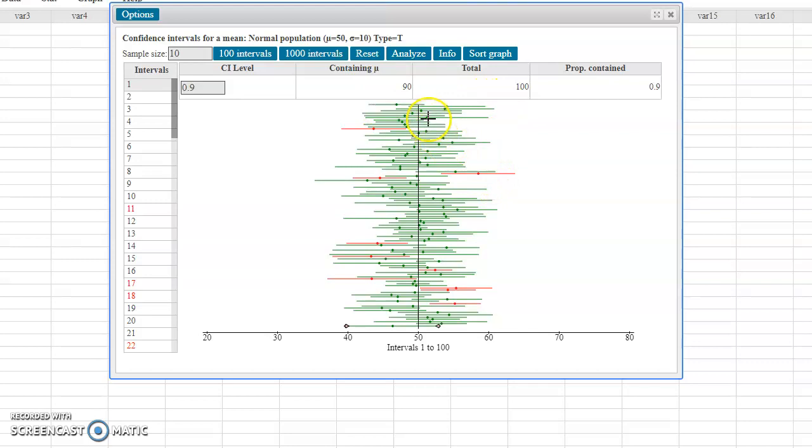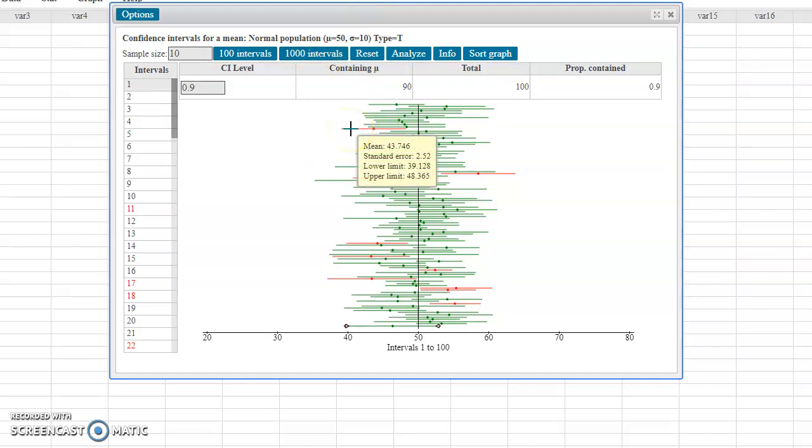The way you read these is the green dot is the sample mean, the lower limit is the left endpoint of the segment, and the upper limit is the right endpoint. All the ones highlighted in green contain the true value of the population mean, which is 50.